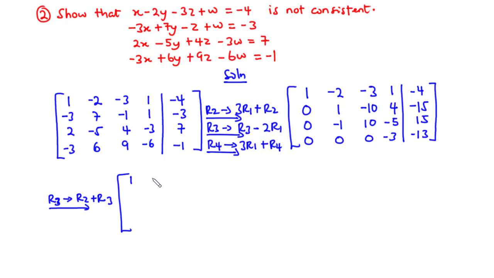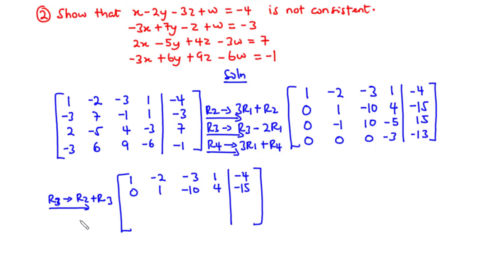So we have 1, negative 2, negative 3, 1, negative 4. For row 2 we have 0, 1, negative 10, 4, negative 15.